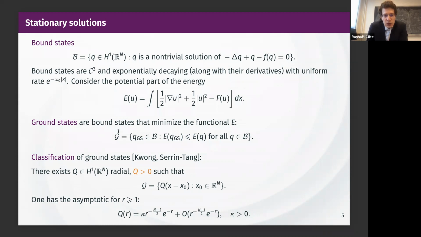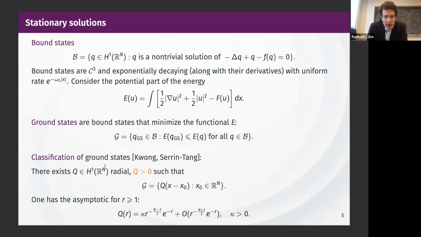Right, so I call G the set of ground states, which, as I mentioned, are the bound states that minimize the energy. So they do exist, and you can classify them. It's a very important result in the pure power case.